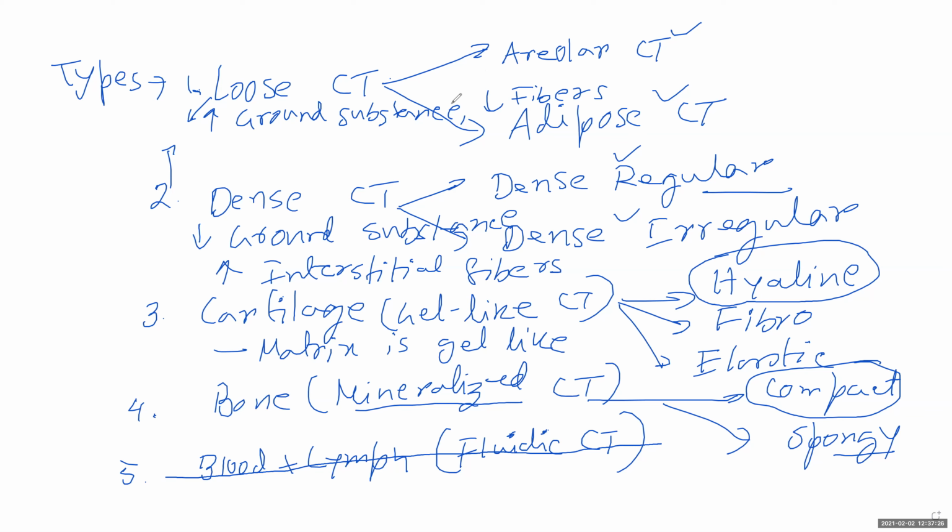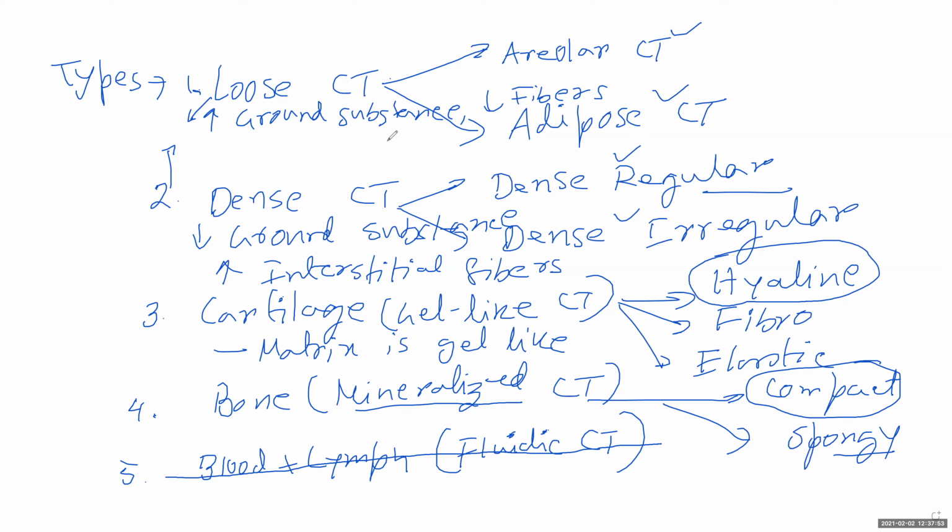Matrix is made of ground substance and interstitial fibers. The consistency of the ground substance could be fluidic, gel-like, or mineralized, giving rise to different types of connective tissue. The fibers are collagen and elastic. There is a third type, reticular, which we are not studying.